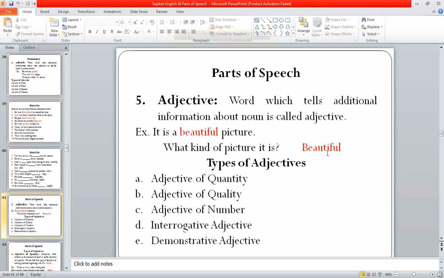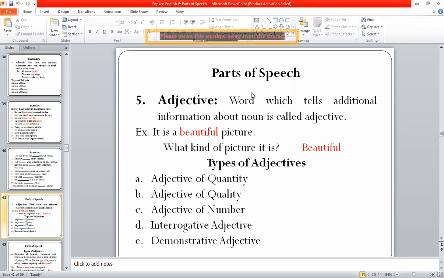So what is an adjective? An adjective is a word which tells additional information about a noun.